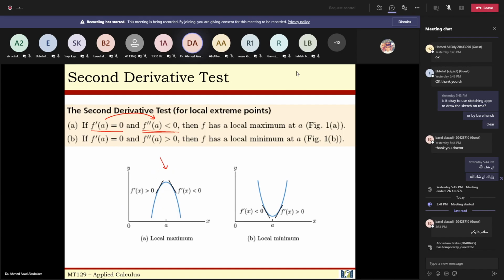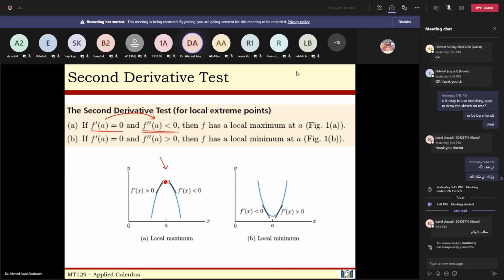Concave down. So this a means the local maximum, because we have concavity down, so the maximum point must be at x equal a.